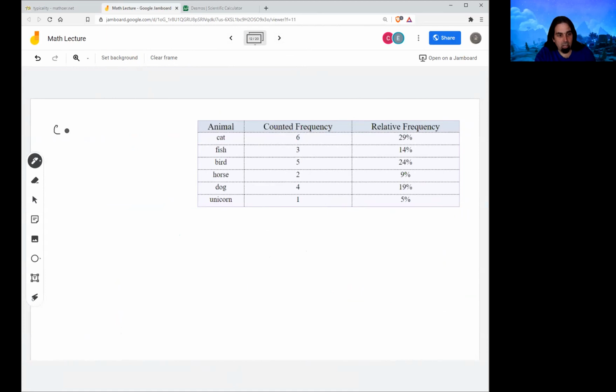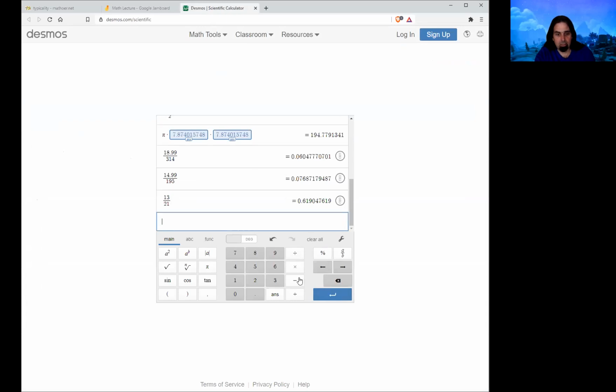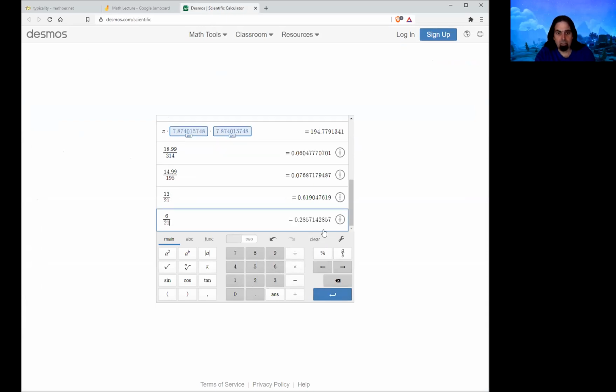We could say that cat is 6 out of the 21. So that's 6 divided by 21. So it's about 29%.